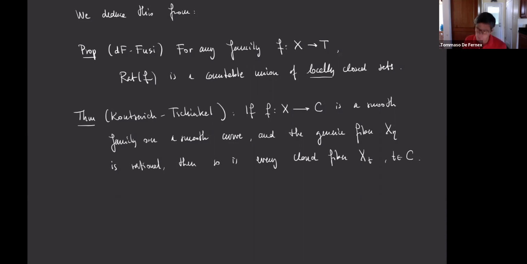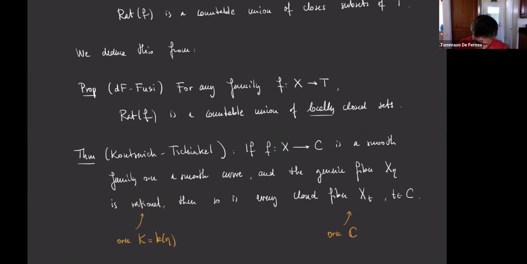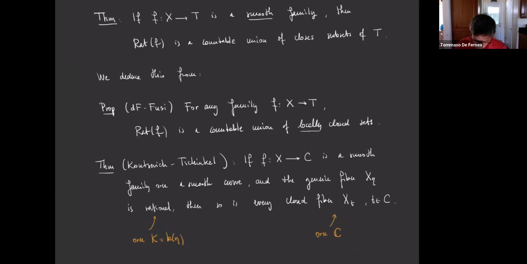And then the conclusion that every closed fiber is rational will be over C. Maybe just to say this: the first will be over K, which is the residue field at the generic point, and this will be over C. So if you combine these two theorems, it's not hard to see that these two properties together imply the main theorem as stated first.